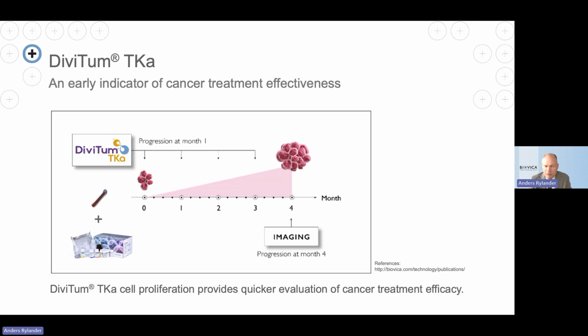This has proven to have several advantages when monitoring treatments for cancer patients, as cancer grows through cell proliferation, and it correlates both to before start of treatment, how aggressive the disease is, but also it provides quick feedback if the treatment is efficient or not, or if the treating physician needs to take action, change dose, or change treatment.